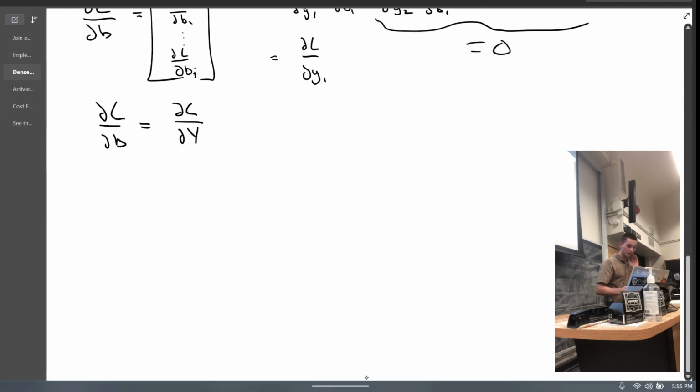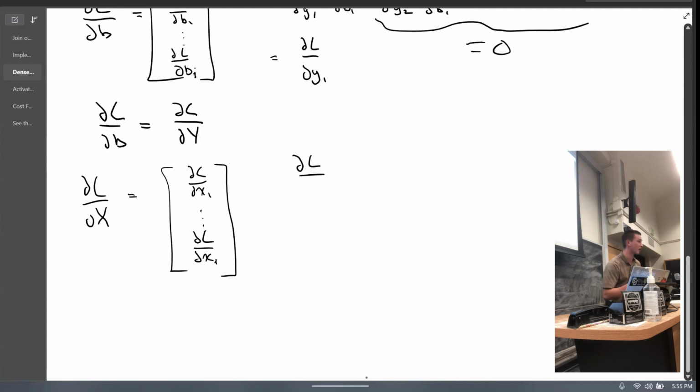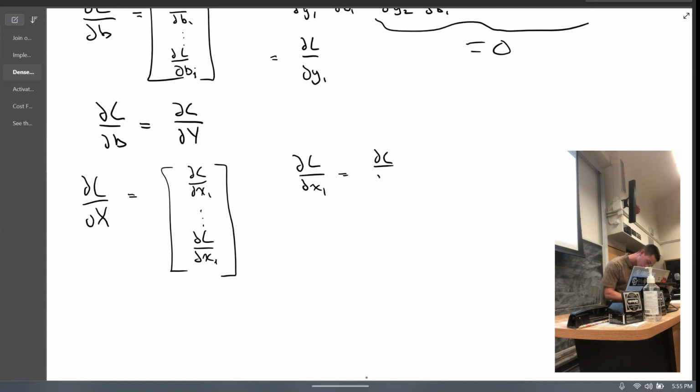And then finally, we need the derivative with respect to X. You'll find this is a common theme for deriving these derivatives: we use the chain rule.